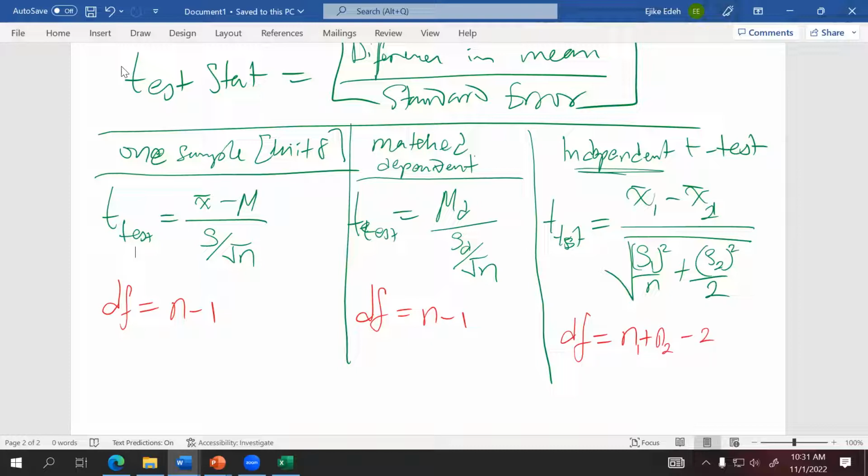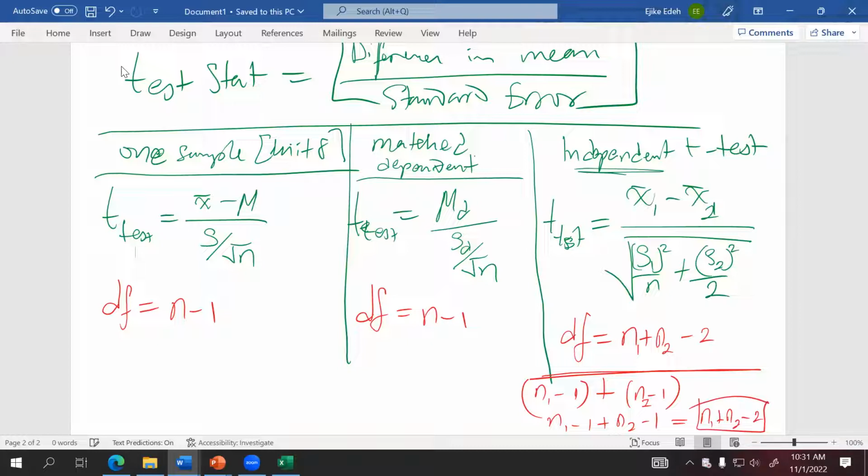Essentially, if you do the algebra, this is n-1 for group 1 plus n-1 for group 2. If you simplify this, opening up the brackets and working it further, this is just n1 plus n2 minus 2. So you see how similar these things are. So this is your degree of freedom that we use here.